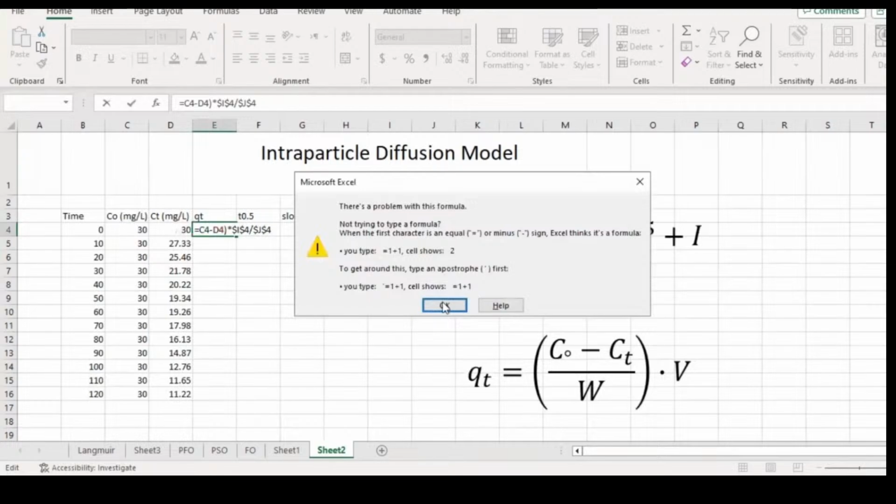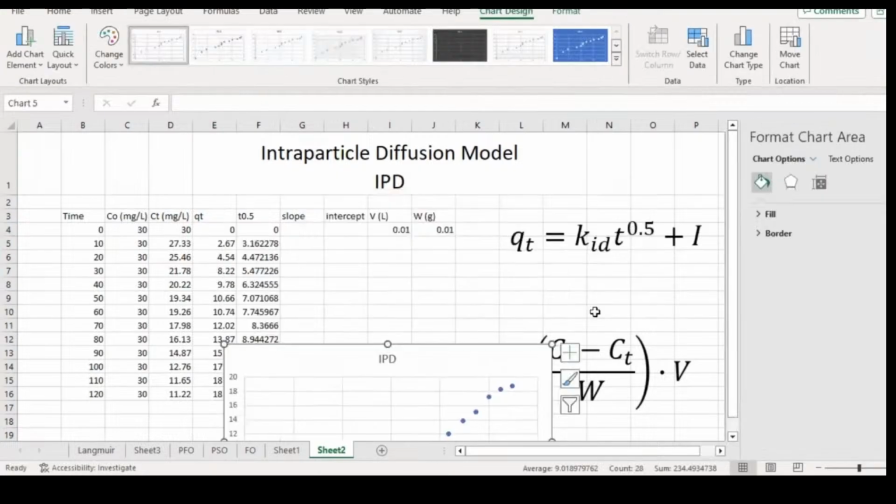Our x-axis value is t half, while our y-axis value is qt. Give this the name IPD model.